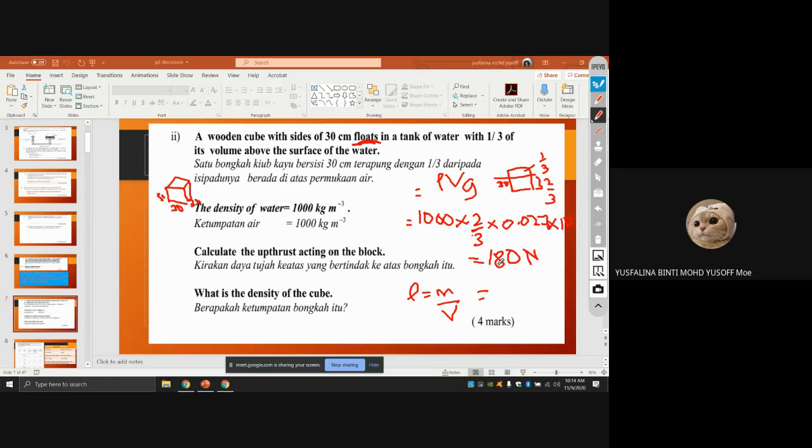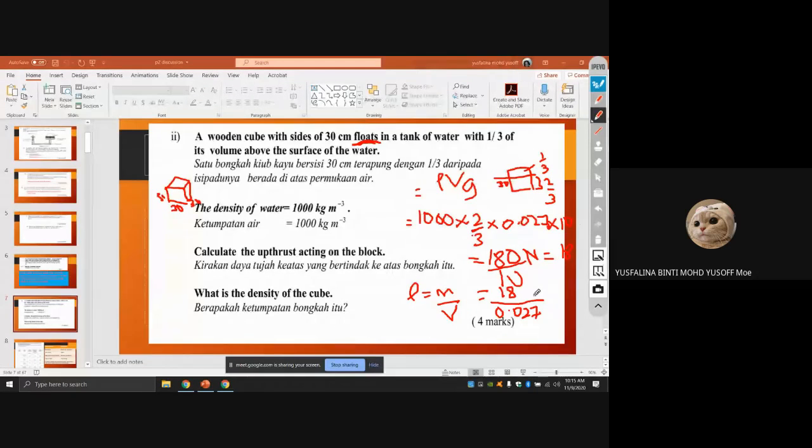If you want to change to mass, you just divide by 10, so you got 18. Then you divide by the volume of the object, which we already calculated before, 0.027. So 18 divided by 0.027.